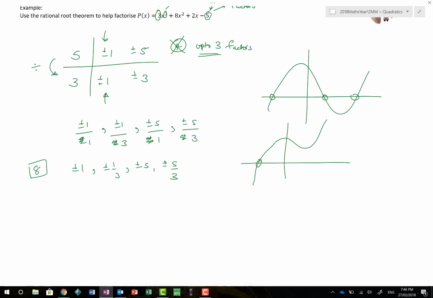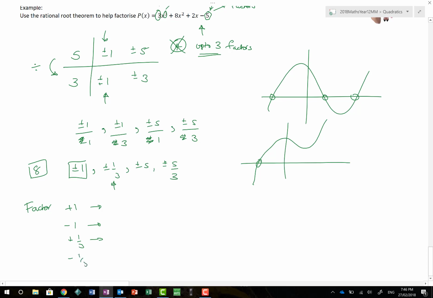How do we know which one of those will give me a factor? Well, remember, to find out whether it's a factor, we have to substitute each of these values into this equation here and find out which one comes out 0. So we would quite literally need to put positive 1 into that equation and see what comes out. Then we would put negative 1 into the equation and see what comes out. Then you'd move to this third and you'd put positive 1/3 into the equation.